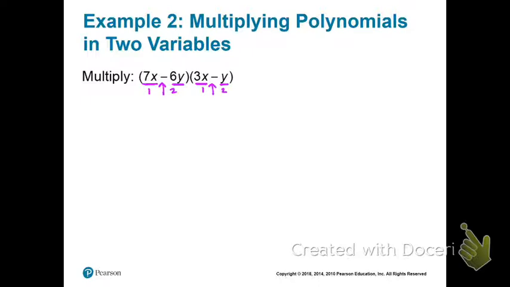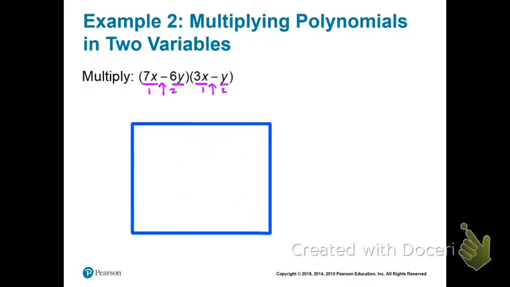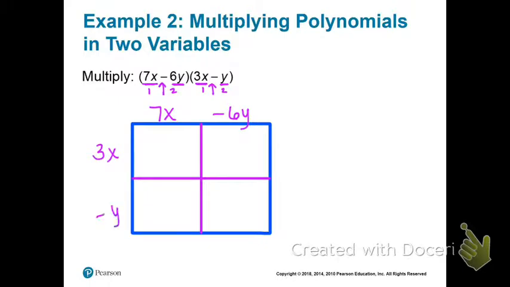All right, so we're multiplying, so I'm going to make my box. I know it's going to be 2 terms times 2 terms. And I'm going to make mine a little bigger because I write big. All right, and so we're going to put 7x minus 6y and 3x minus y.